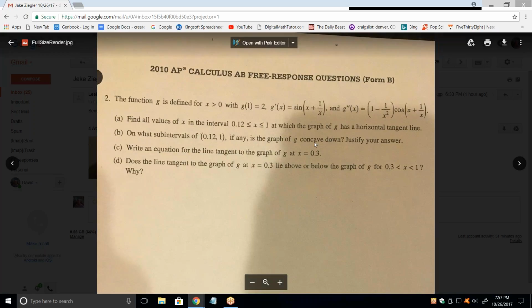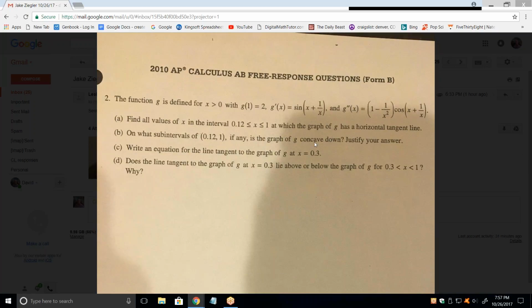But if you know that, then they give you the second derivative. We just have to figure out where that's negative. Well, that's not an easy algebra problem. You almost have to graph that and look where it's in negative territory. And that's your answer. Mm-hmm. It kind of makes sense, yeah.